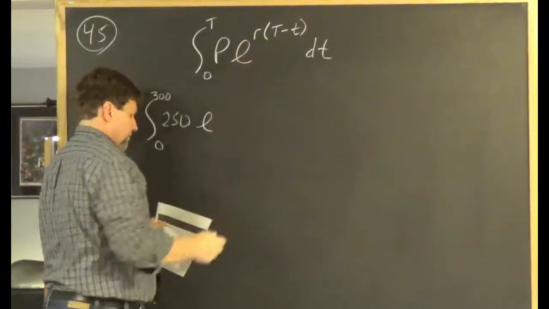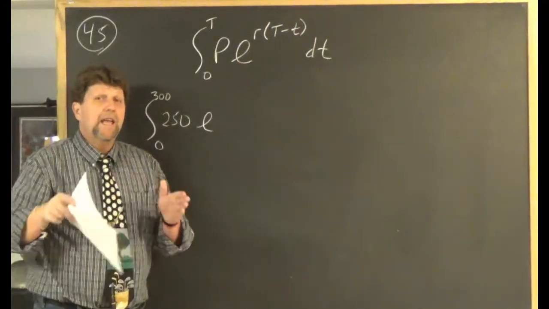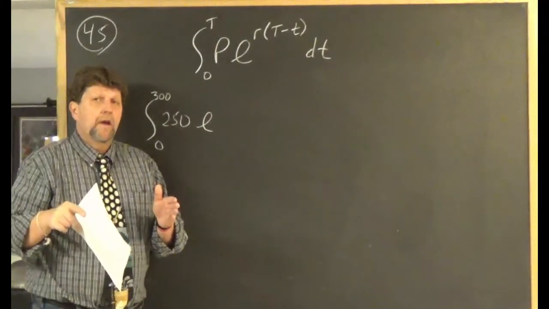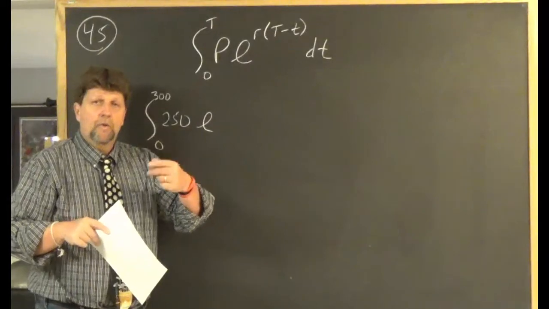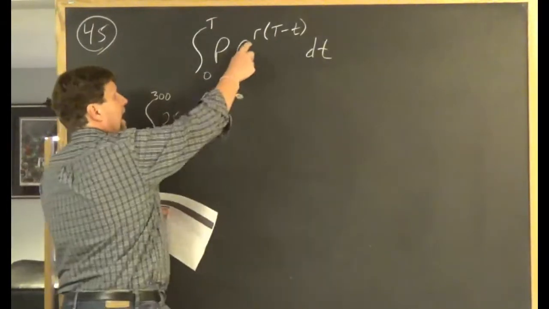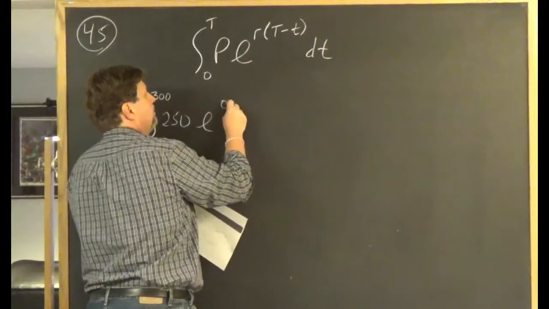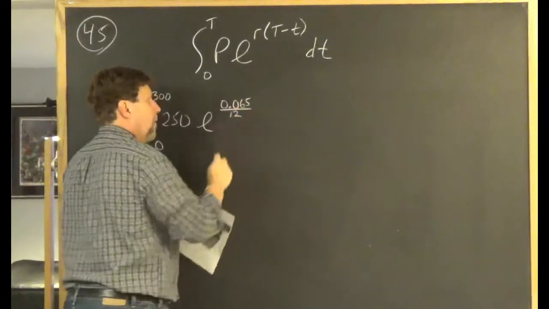Okay, now the interest rate. The interest rate was 6.5%. That was an annual interest rate. We need to know what it is on a monthly basis. What's the interest rate monthly? Well, that's where you'd have to take 0.065 and divide it by 12.